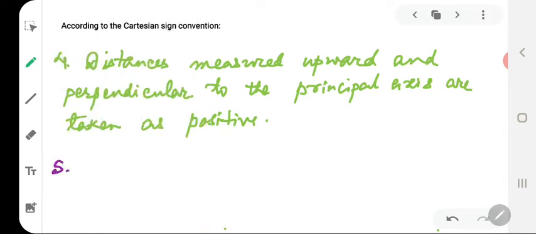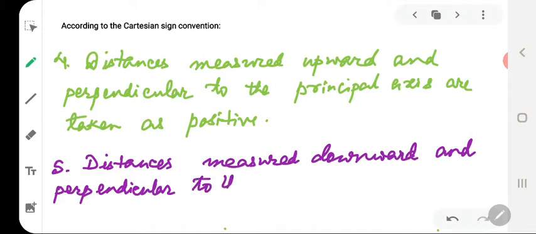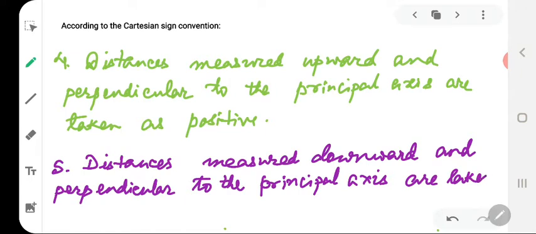Finally, distances measured downward and perpendicular to the principal axis are taken as negative. So these are the basic rules.